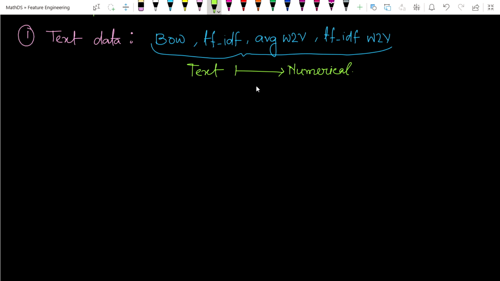We have covered this in NLP, and we'll also see how to handle these features in the deep learning chapter, but the main primary concepts are clear from the NLP chapter. Now this is one kind of data, and there is another kind of data, the categorical data.